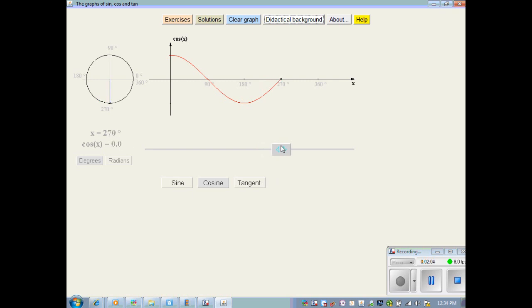Cosine of 3 pi over 2 is going to give me 0, and then I continue back into quadrant 4, which makes my x value positive, and I will get to 1 revolution, which will be the cosine of 360, or 2 pi, and I'm back to the highest part of my function value, which is 1. At that point, you can see I will start repeating my function. Therefore, again, that period is 2 pi.